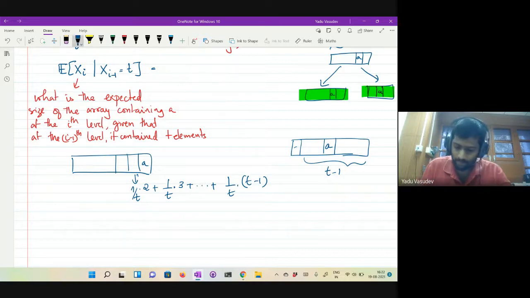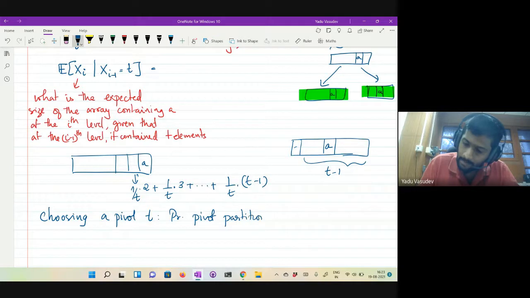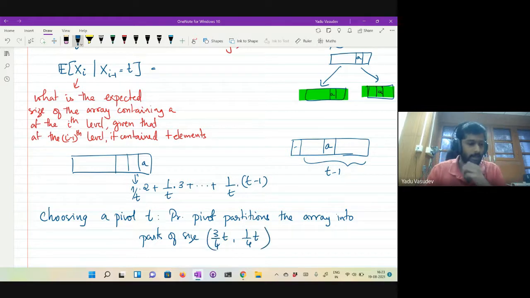Here I'm choosing a pivot, and I want the probability that the pivot partitions the array into parts of size 3 over 4t, 1 over 4t. Right? So if you choose one element, it's 1 over t.